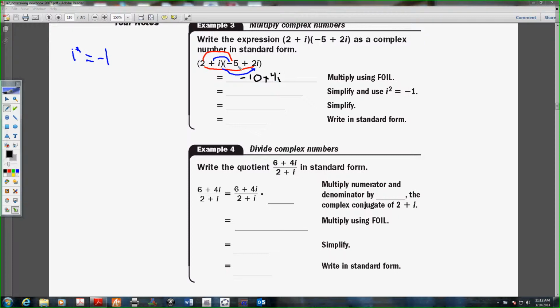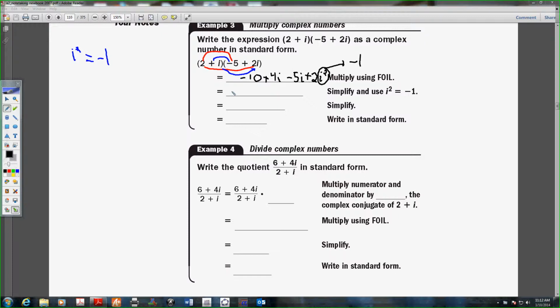Then i times -5 gives us minus 5i, and i times 2i gives us plus 2i squared. Now if we remember, i squared was what? i squared is -1. So right now we have -10, and then 2 times -1, which is -2.